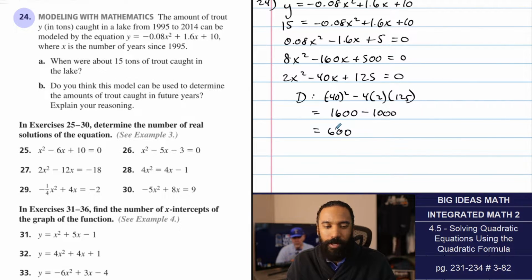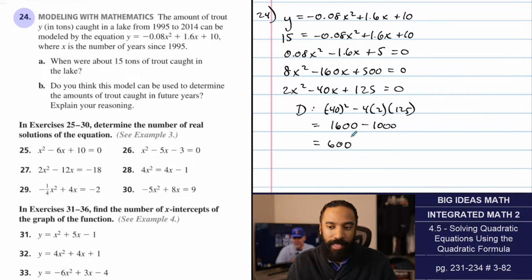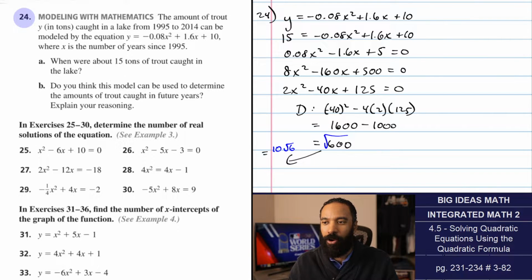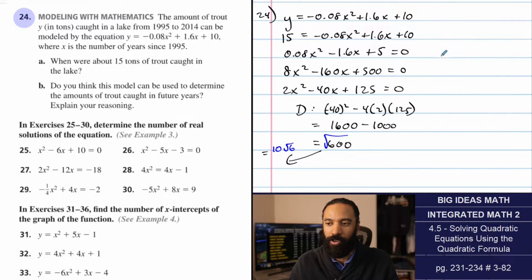Keep in mind, the square root of 600 is 10 root 6. But I don't even care about that. We can work with the square root of 600 and we'd be good. That being said, since I got it, I'll just go ahead and write it. x equals negative b plus or minus the square root of b squared minus 4ac, all over 2a, which is 4.